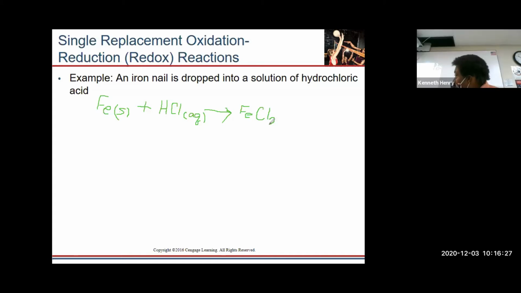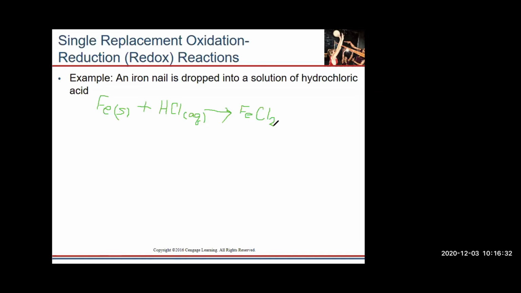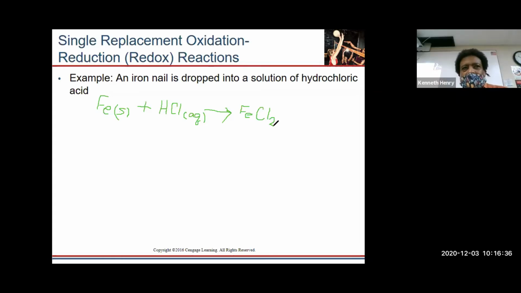So I'm going to tell you guys something real quick. With transitional metals, almost all transitional metals, when you're doing a single replacement reaction, are going to be a +2, except silver. Silver is always a +1 when you're doing a single replacement reaction. Aluminum is always a +3, and gold is always a +3.